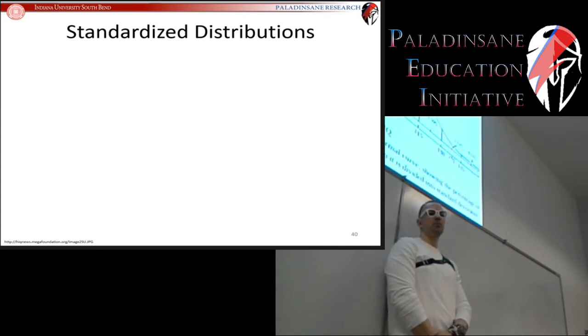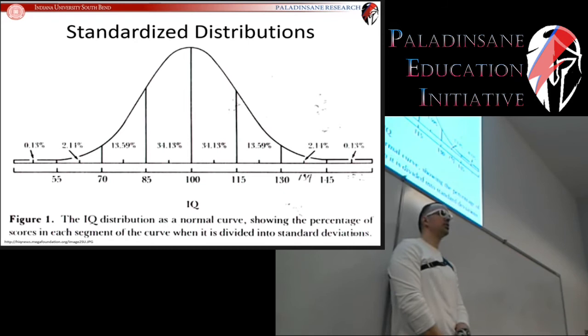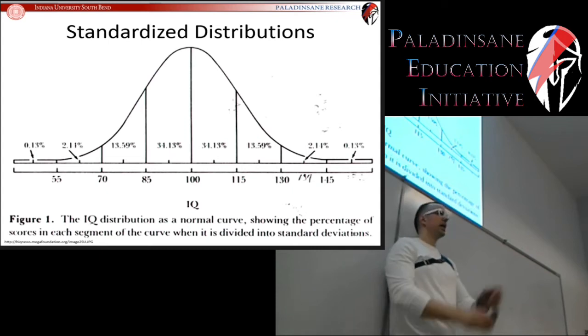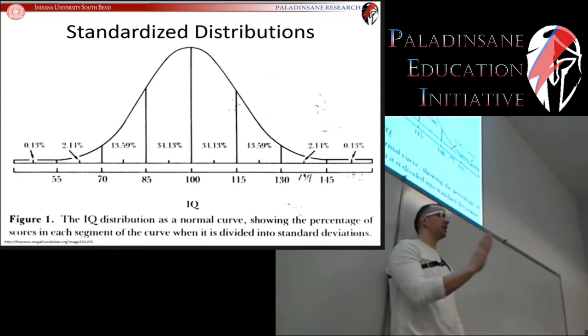For example, IQ scores are one of the most famous standardized distributions, because whatever score you get on an IQ test, they transform it so that it is in a distribution that has a mean of 100 and a standard deviation of 15.